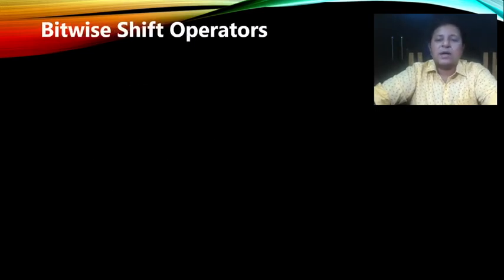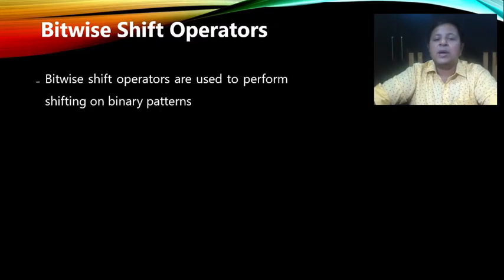As the name suggests, bitwise shift operators are used to perform shifting on binary patterns. Obviously, bitwise operators also work on binary patterns, but here the operation we perform is different. It is used for shifting operations.